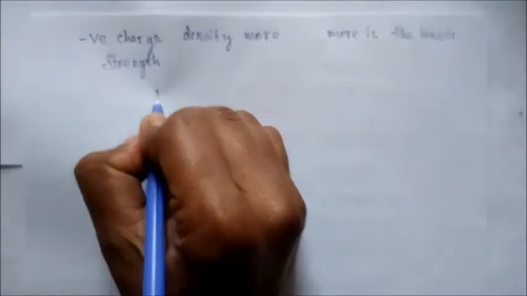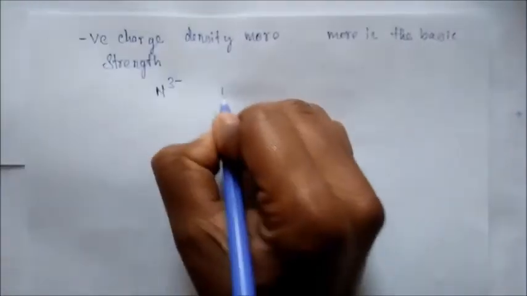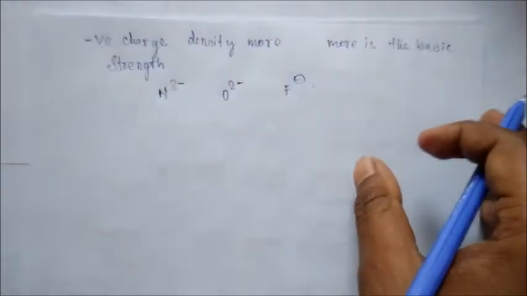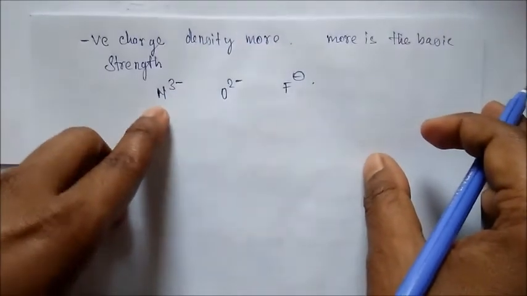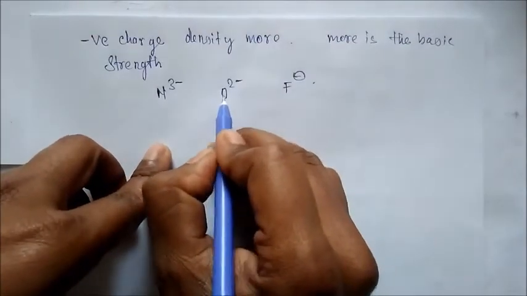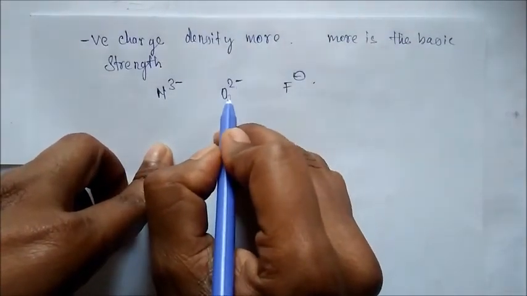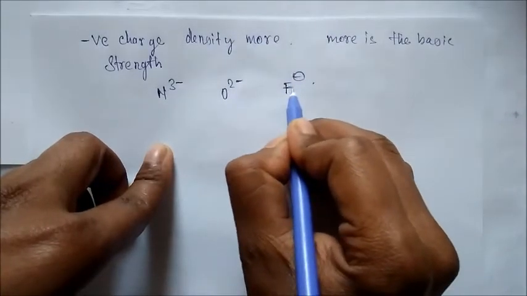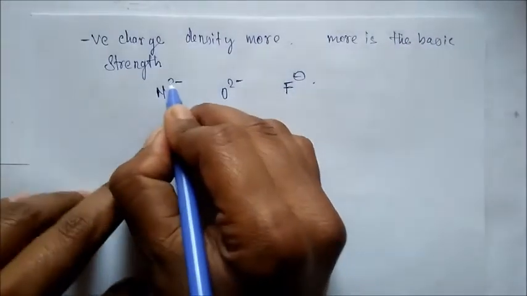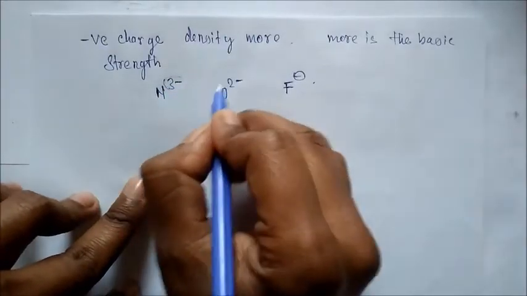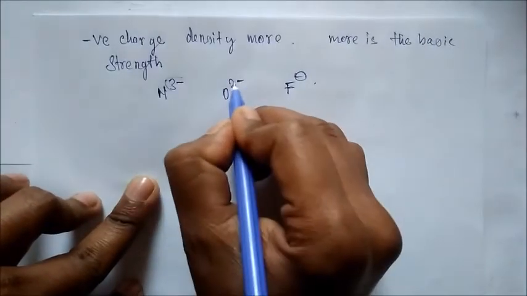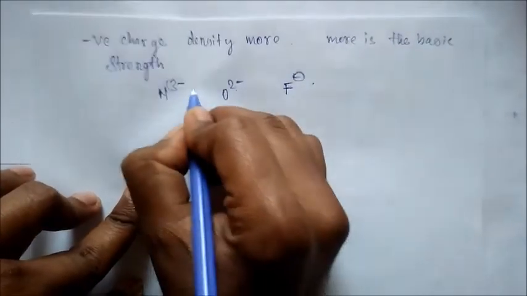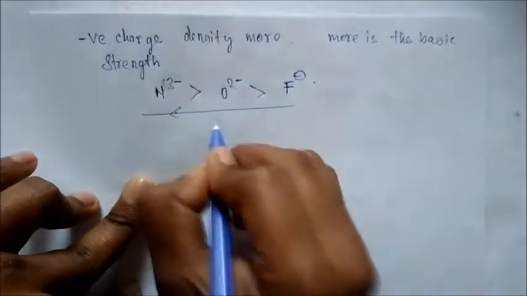Let's say we have N3 minus, O2 minus and F minus. Here we can see that charge density on nitrogen is greater than charge density on oxygen, and charge density on oxygen is greater than charge density on fluorine. So there is a greater availability of electrons to donate in nitrogen than oxygen, then oxygen has greater electron density to donate compared to fluorine. So we have the basicity order in this way.